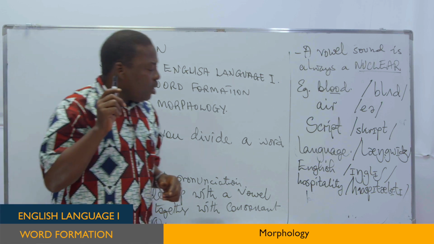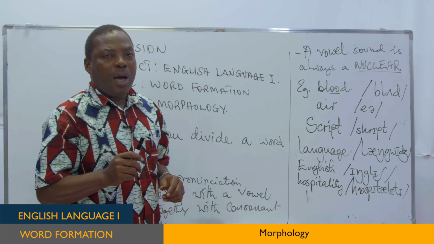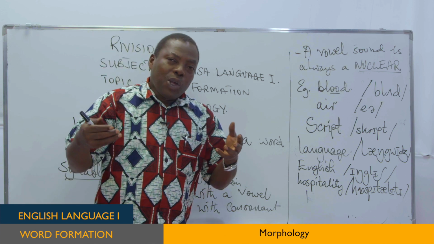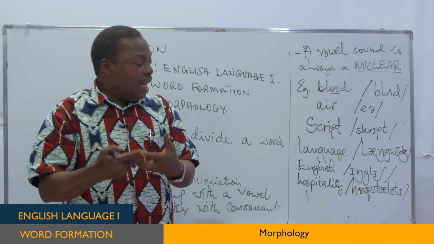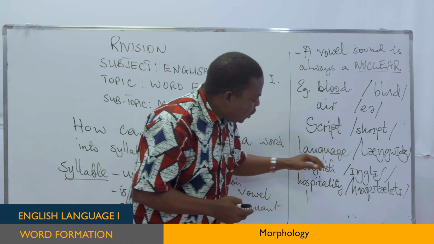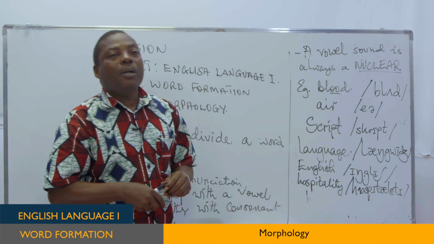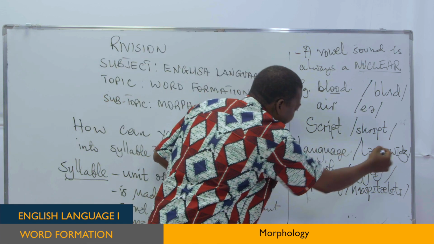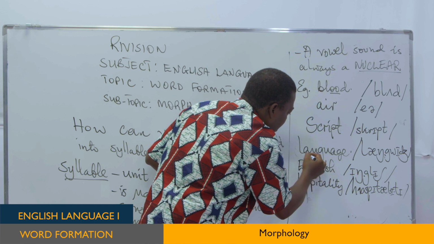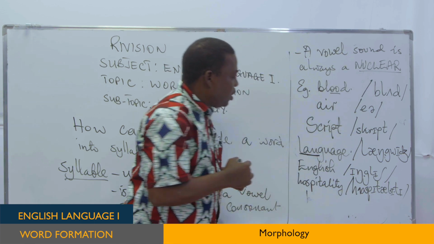But under normal spelling, this is where you'll have to relate the way you pronounce and the places where you think that word can be divided. Language. So the first syllable is this one.